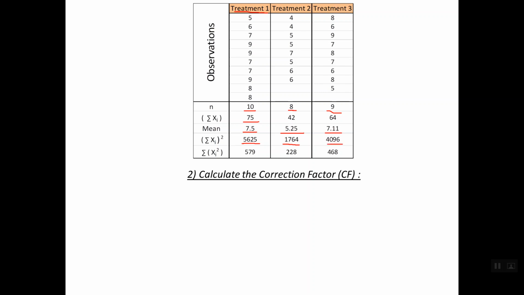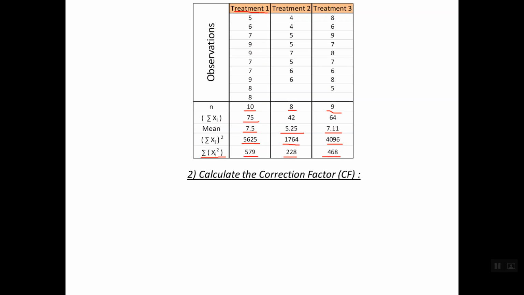And also we need the summation of the squared observations. So this is the summation of the squared observations for treatment number 1, and this is for treatment number 2, and this is for treatment number 3.